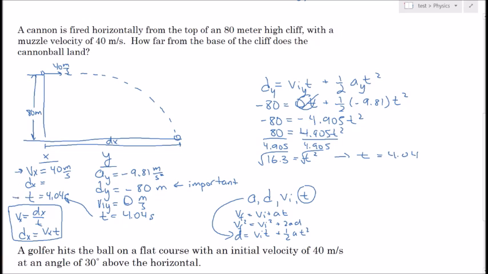And now we have these two variables, and we can just use dx as vxt, multiply 40 times 4.04. And what we end up with here is a displacement of 116.6.